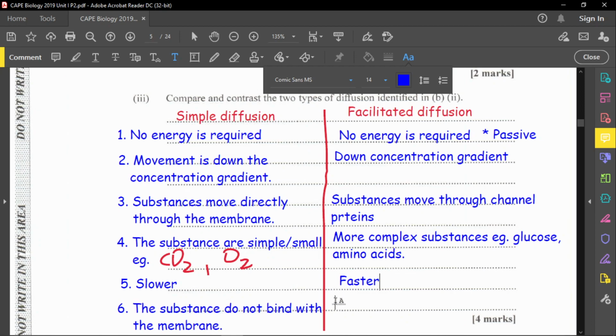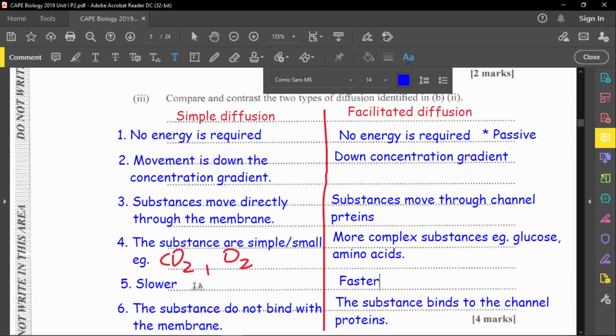But in facilitated diffusion, there is a binding of the substance to the channel proteins. So the substance binds to the channel protein. Just to make a note of that.